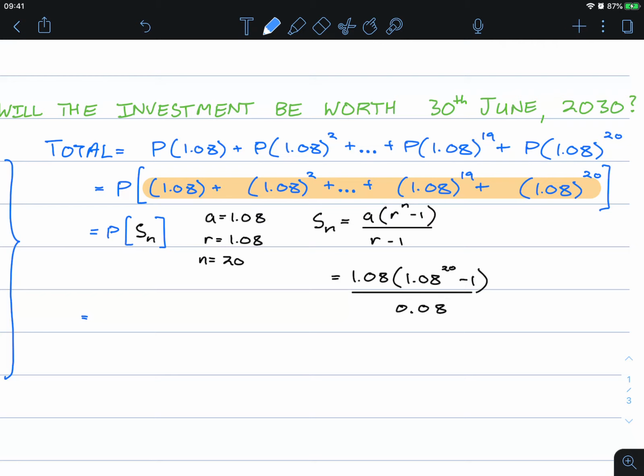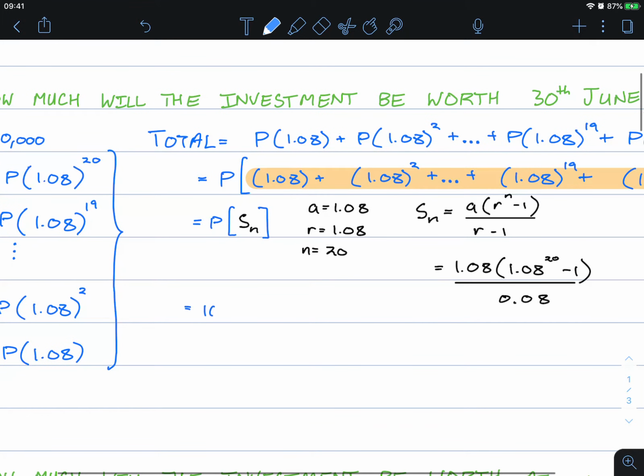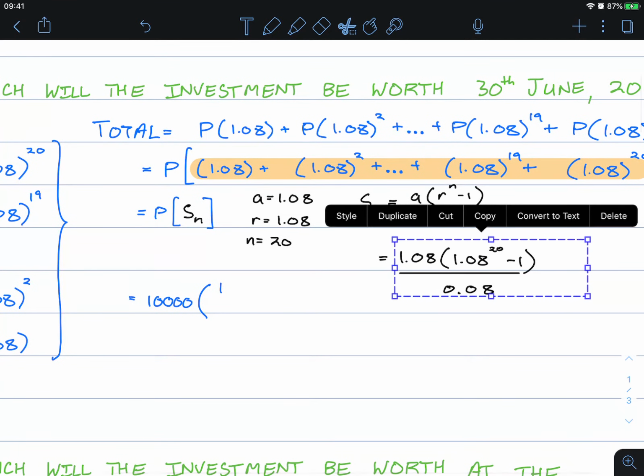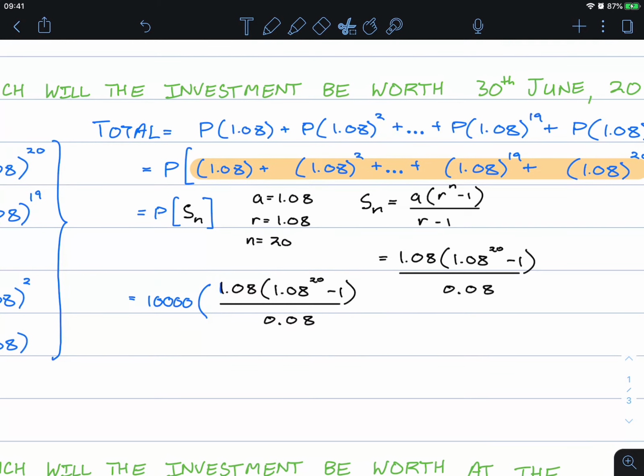I'm just showing you off to the side here. Putting all my values back in, P is 10,000, times 1.08. I'll just copy it here and move it there.